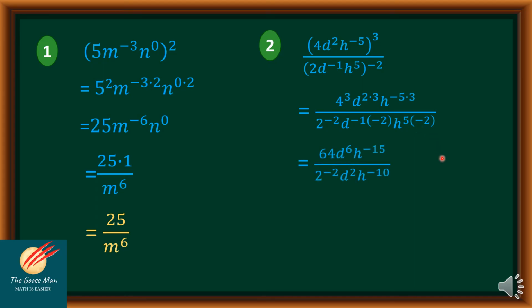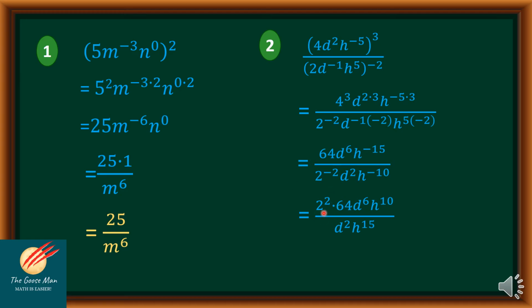Simplifying it further, I have 4 raised to 3 is equal to 64. Then we have d raised to 6, h raised to negative 15. Then in the denominator I have 2 raised to negative 4, d squared, h raised to negative 10. Simplifying further, take note that to make 2 raised to negative 2 positive, I'll put it in the numerator.